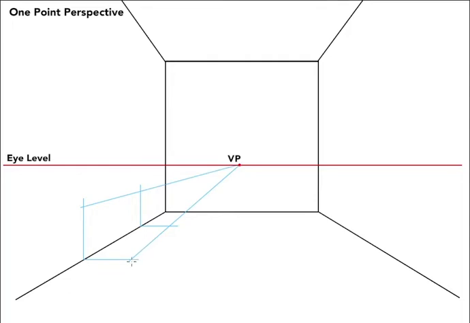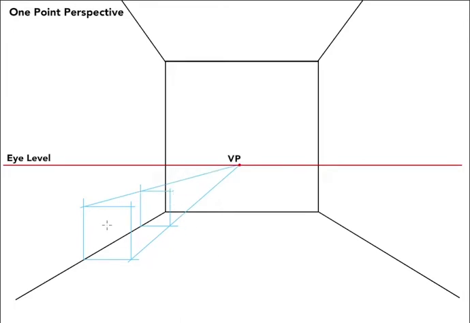So from here we will construct the rest of the lines. These will be the lines that go up from this corner. Another vertical line that goes up from this corner. And next you want to take this left corner, have a horizontal line that intersects with the vertical line, and another horizontal line that intersects with the next vertical line.